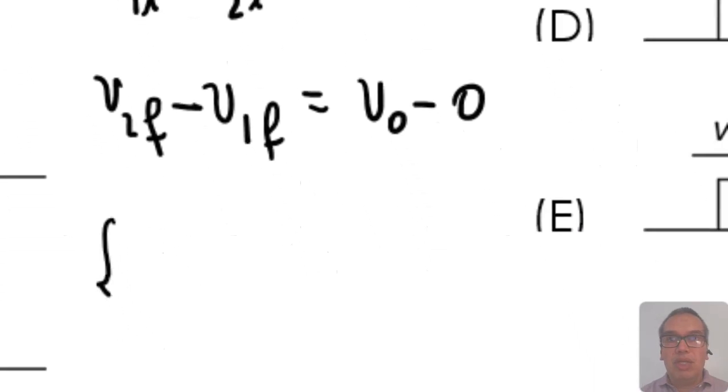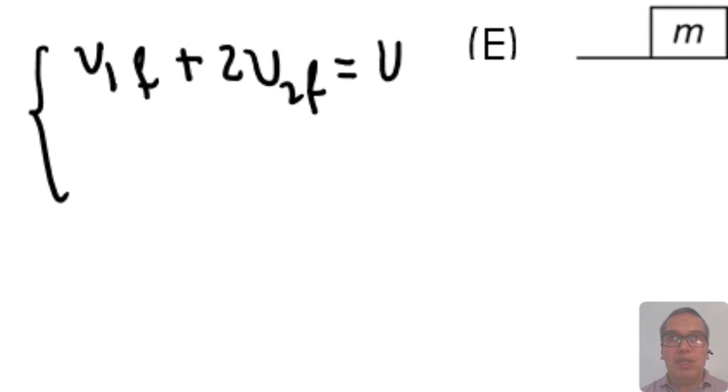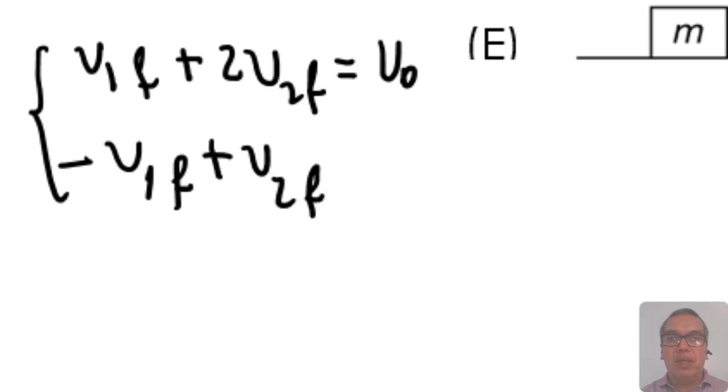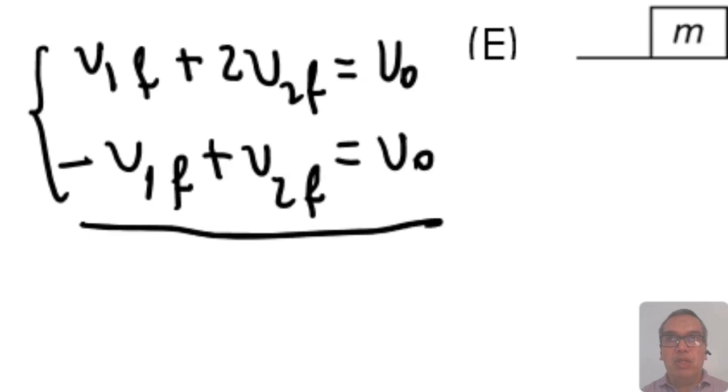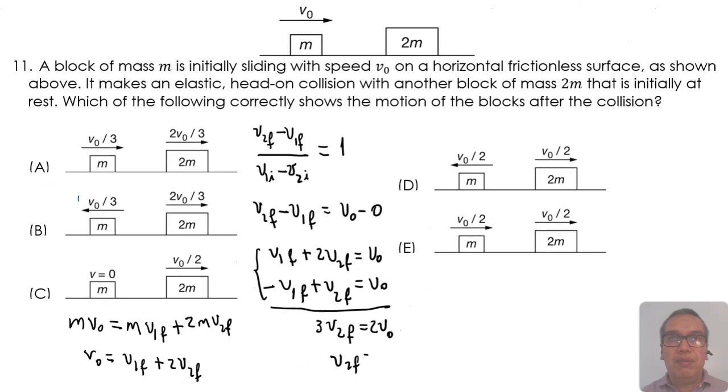This results in the system v1f plus 2 v2f equals v0 and negative v1f plus v2f equals v0. By elimination, we obtain 3 v2f equals 2 v0, or v2f is 2/3 v0.